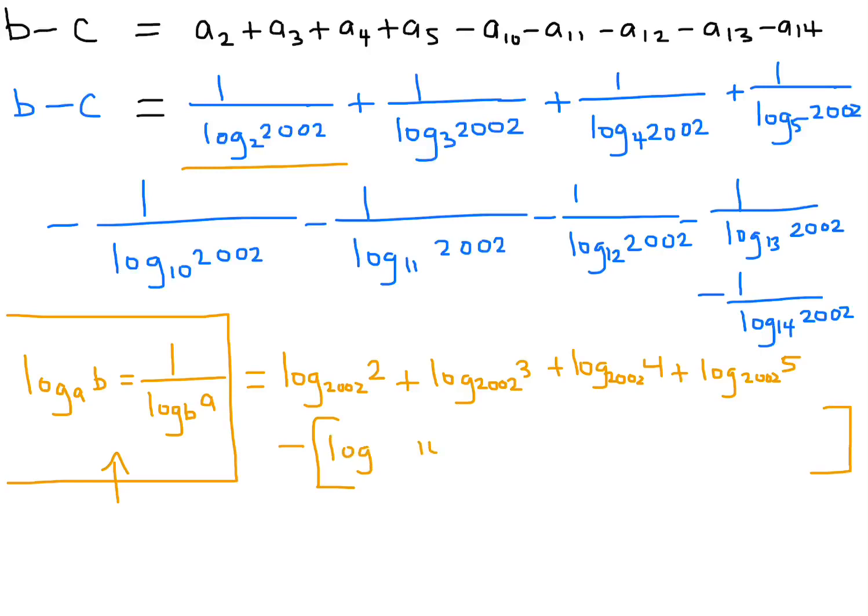They become log of 10 to the base 2002, and then I put them in brackets, so the minus sign is out there, so don't get confused. I'm not making a mistake. I'm being careful here. Log of 11 to the base 2002 plus the log of 12 to 2002 plus the log of 13 to the base 2002 plus the log of 14 to the base 2002, like that.